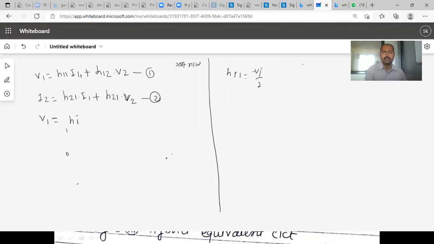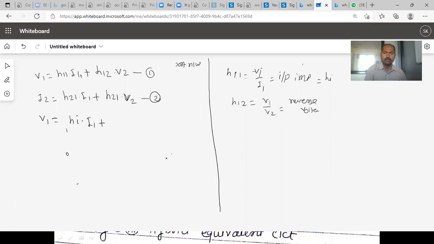This is nothing but the input impedance, we know, right? So HI into I1 plus H12. H12 is nothing but what? Tell me. V1 upon V2. It is the reverse voltage ratio. This is nothing but HR, the reverse voltage ratio.